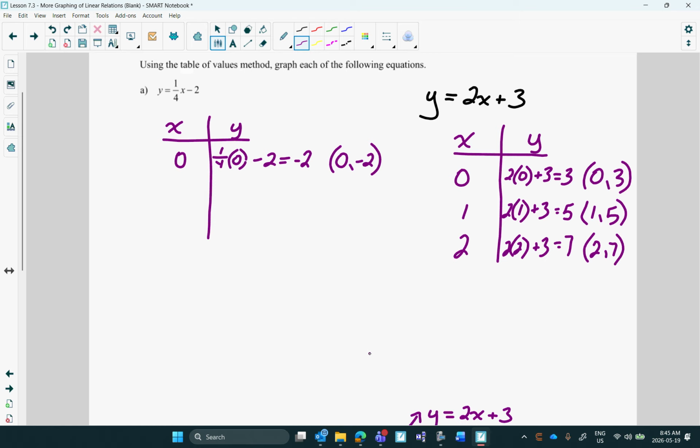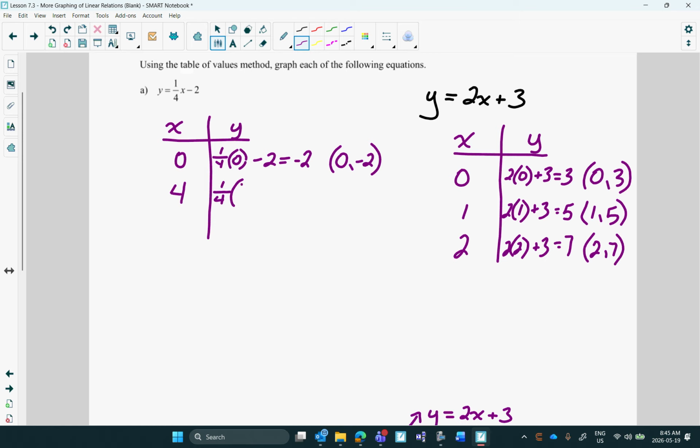What do you think I could plug in? If I plug in 2, I get 2 over 4, a fraction. If I plug in 3, I get 3 over 4, a fraction. If I plug in 4, I get 4 divided by 4, which is 1, no fraction. So plug in 4.